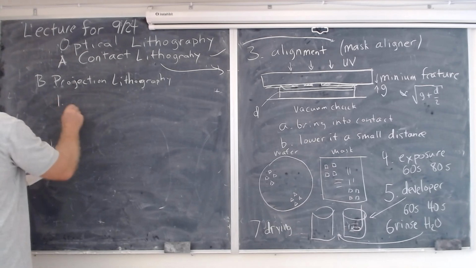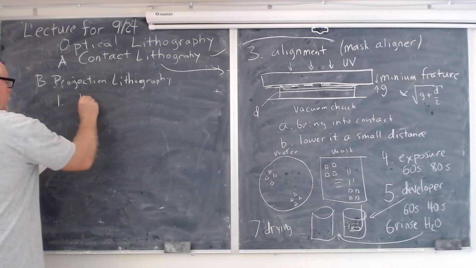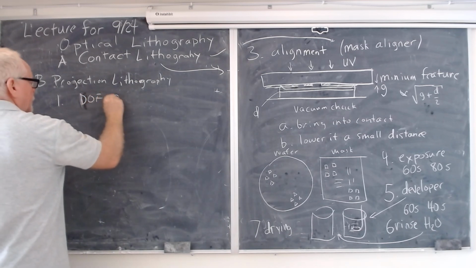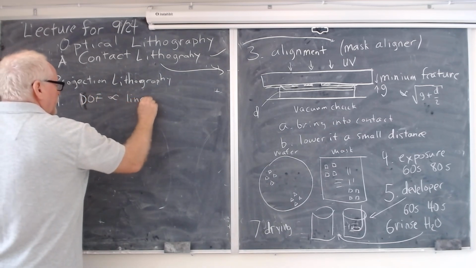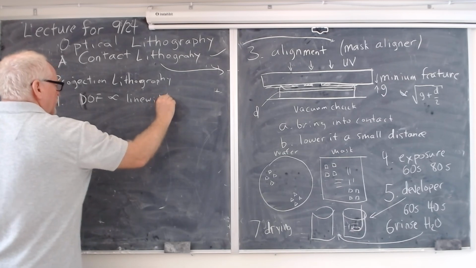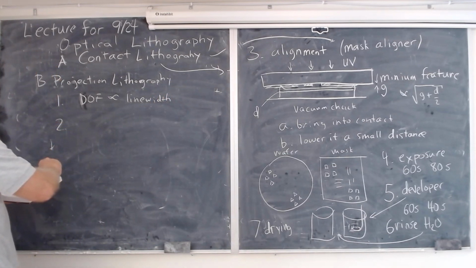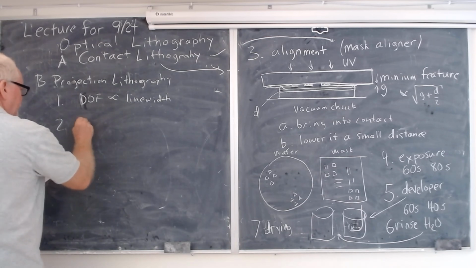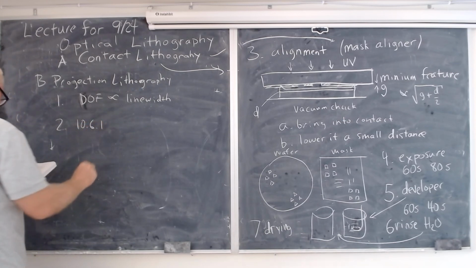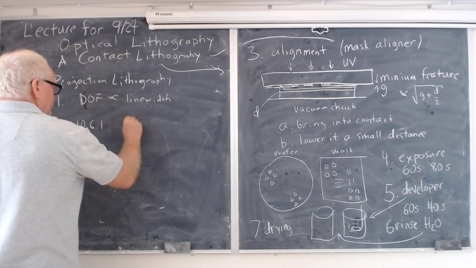So one, line width, or do it the other way, depth of focus as a function of the line width. And number two, I want you to understand, and this is section 10.6.1, phase shift masks.